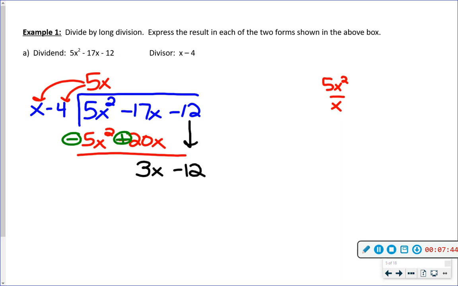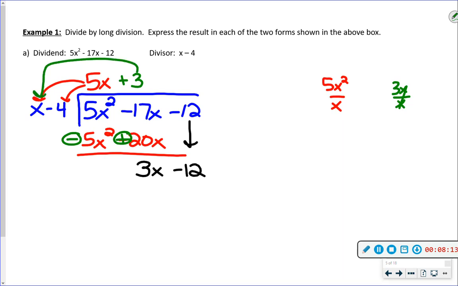Okay, so you're ready to figure out your next term to go on top. There are 2 ways you can figure it out, 2 processes to think of it. I like multiplying, so I just think, what times x gets me 3x? What times x is 3x? Okay, so you hold it. Or you can, of course, do 3x divided by x. Any way you cut it, you come up with 3. Now, any number you put on top, you multiply through the entire divisor.